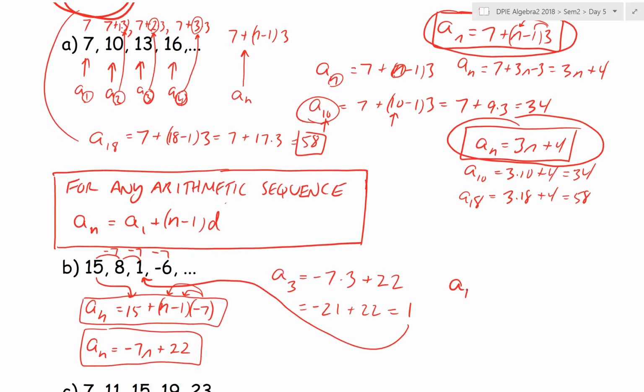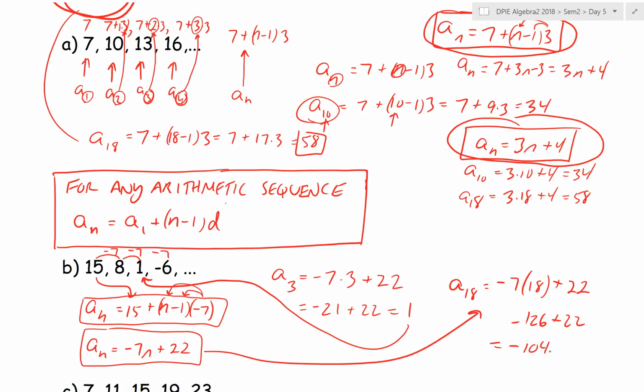So let's go ahead and find the 18th term. By plugging in here, that would be negative 7 times 18 plus 22. So that is negative 126 plus 22, which is equal to negative 104. So a sub 18 is negative 104.